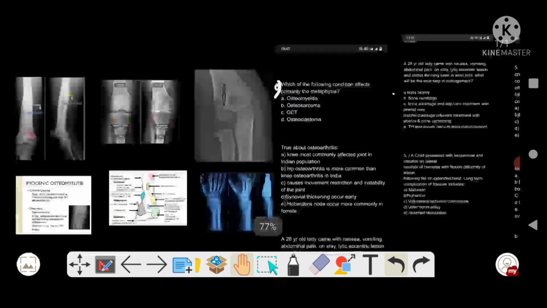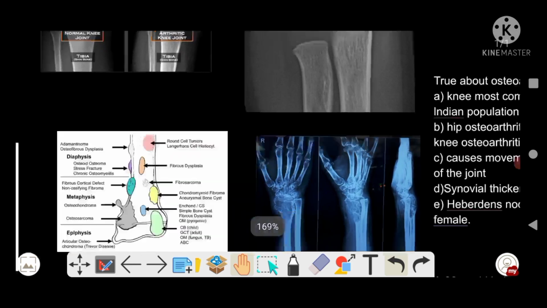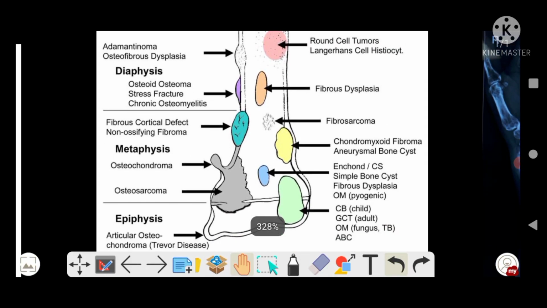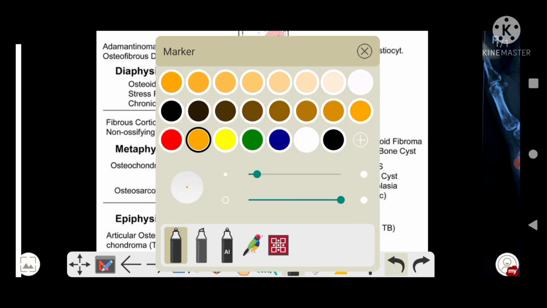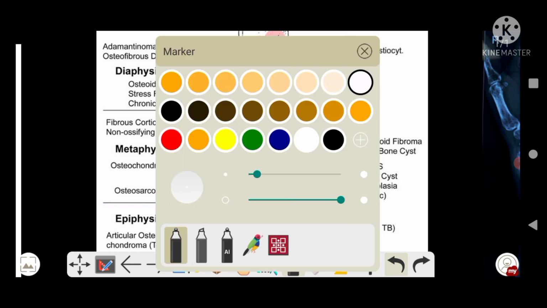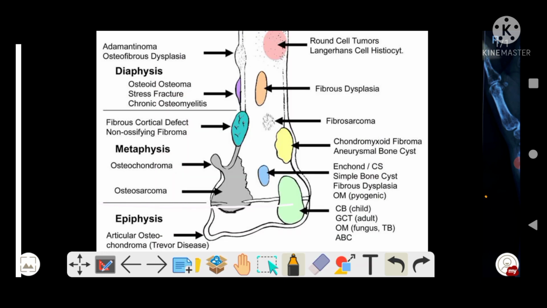So let's go to a diagram. If you just focus on the slide, we can divide bone into three parts. If I say this is your epiphysis, which is the end of the long bone, correct?